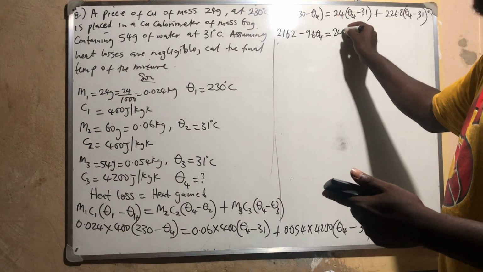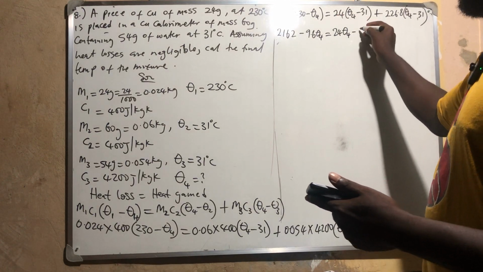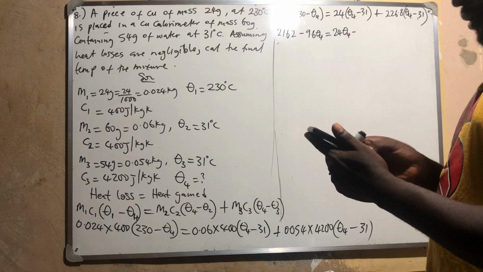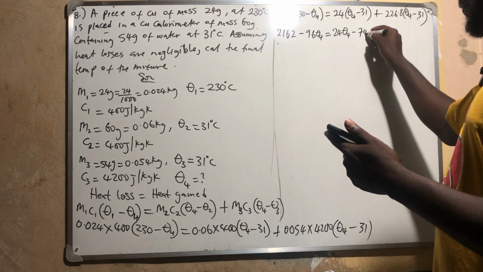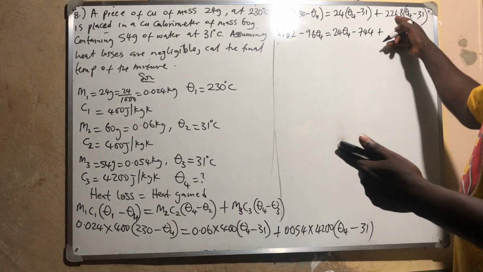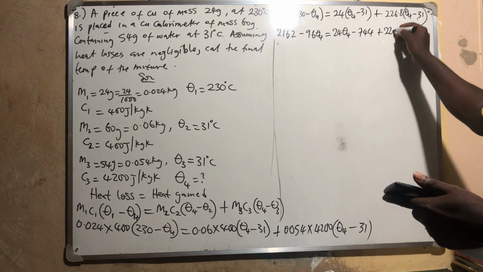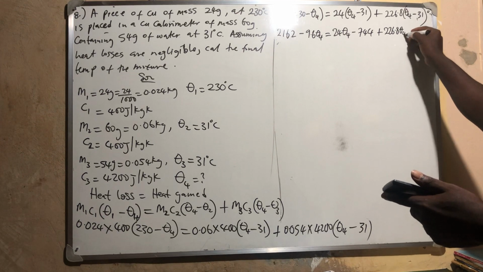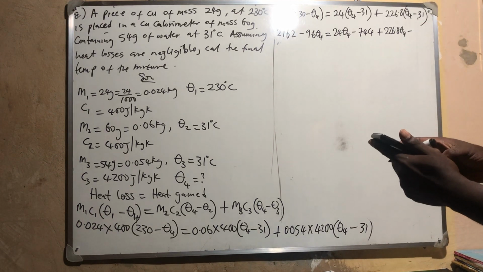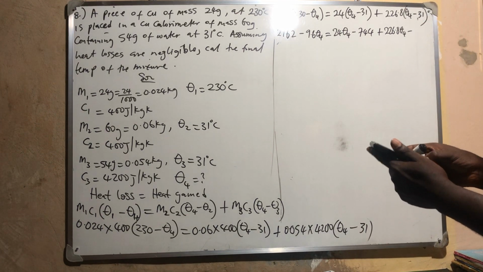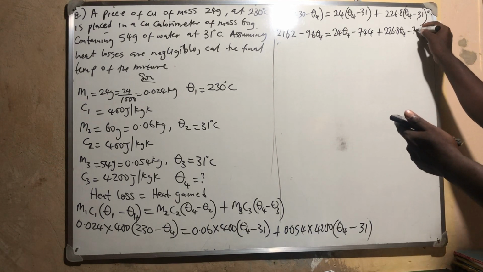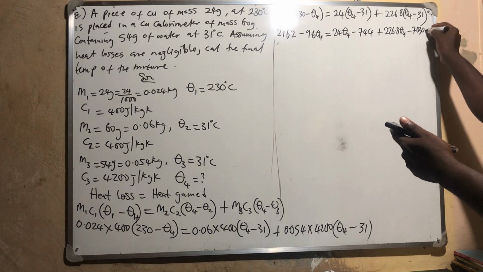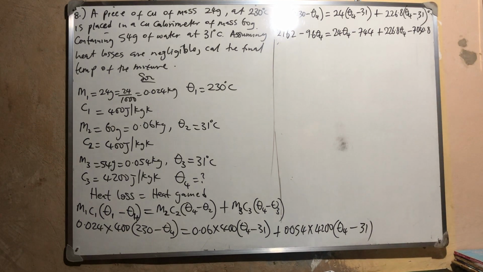This time 24 theta 4 minus 24 times 31, I'm having 744, plus, this time, 226.8 theta 4 minus 226.8 times 31. I'm going to have 7030.8. Okay, so now collect like terms.